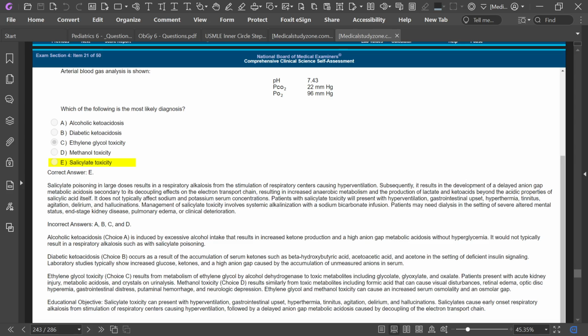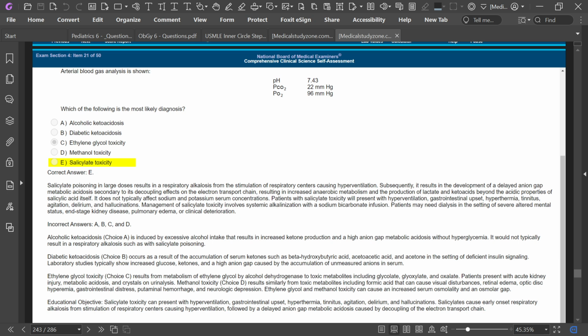Patients with salicylate toxicity can present with hyperventilation, gastrointestinal upset, hyperthermia, tinnitus, agitation, delirium, hallucination. Management of salicylate toxicity involves systemic alkalinization with sodium bicarbonate infusion.